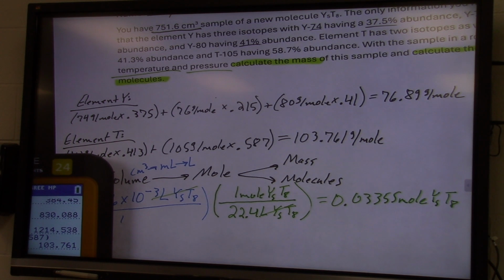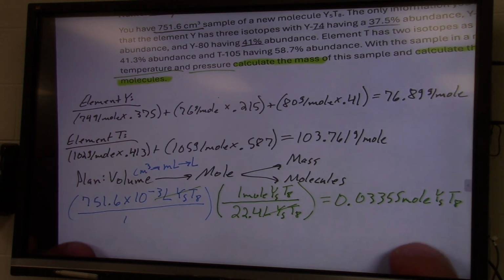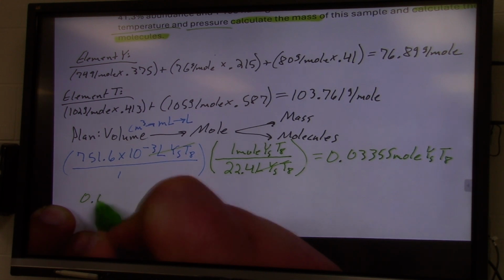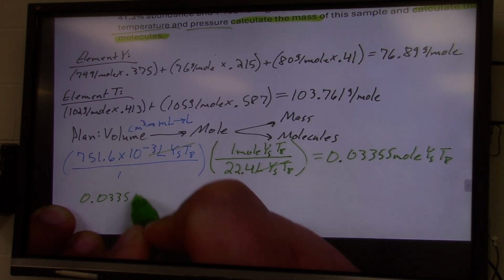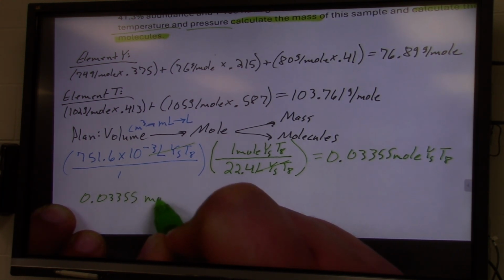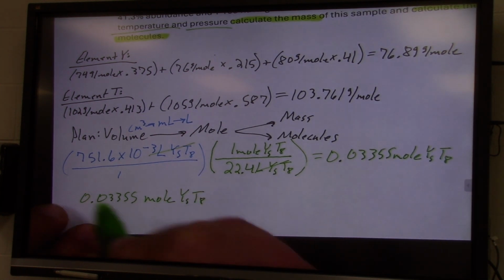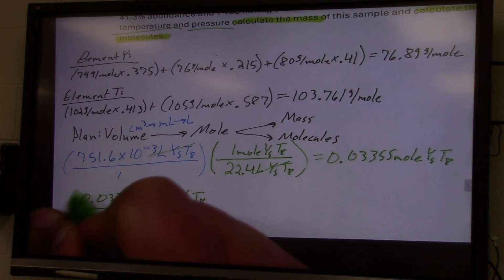The reason I did that is I need to use that number twice. So I'll leave that number there, but I also will bring it down here. I'll set it over 1.